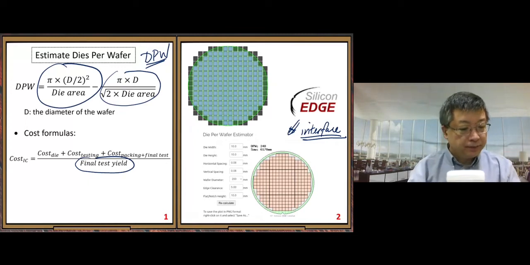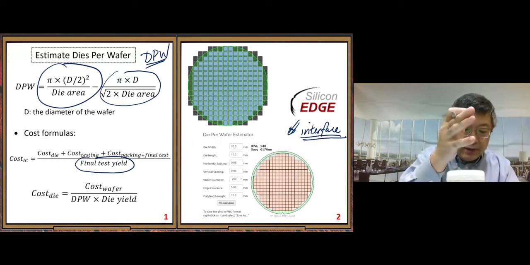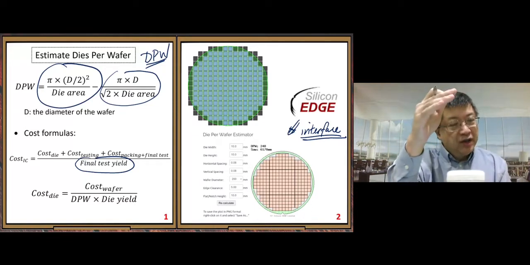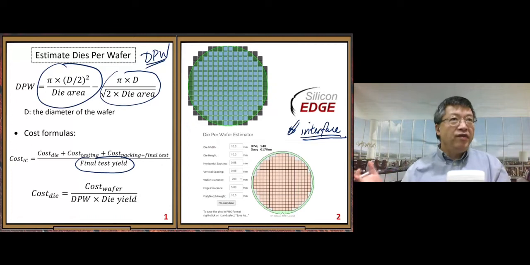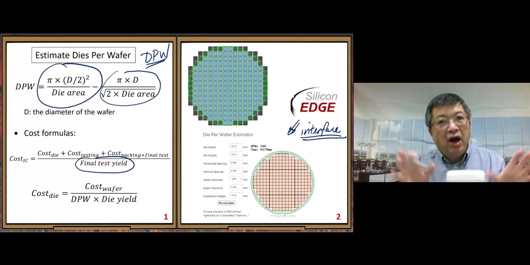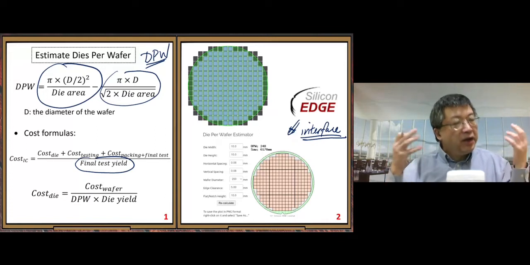All right. Then the cost of die is given in this formula. Cost per wafer. Each wafer has a cost, right? Then the wafer cost will be spread on all the good dies.